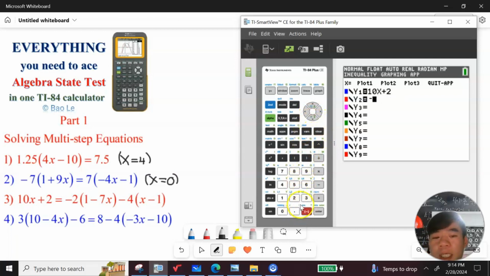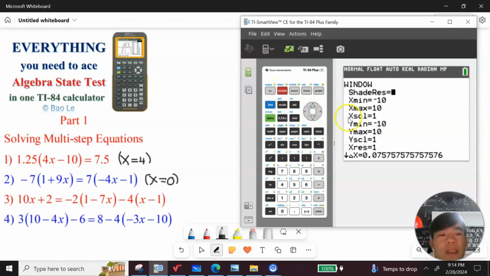You hit -2 parentheses 1 minus 7x close parentheses minus 4 open parentheses x minus 1 close parentheses. All right, and then you just adjust the window, and it should be this.